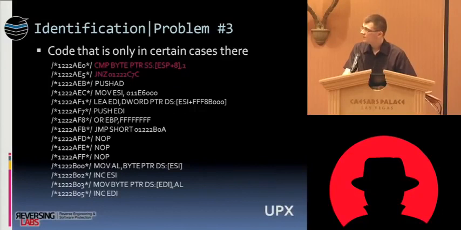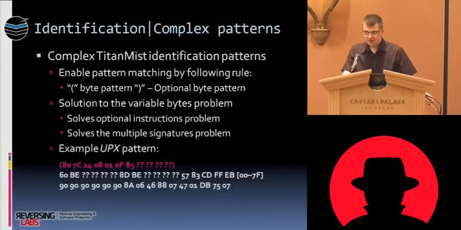So the rest of the signature, which we just wrote, would apply to this as well, if it weren't for these two instructions in the front. So what we did is we added an optional part of the pattern. The highlighted part says that only if the entire piece of the pattern is present, that piece of the pattern is valid. So if the piece of the pattern is present, the pattern matching will continue from the byte 60.